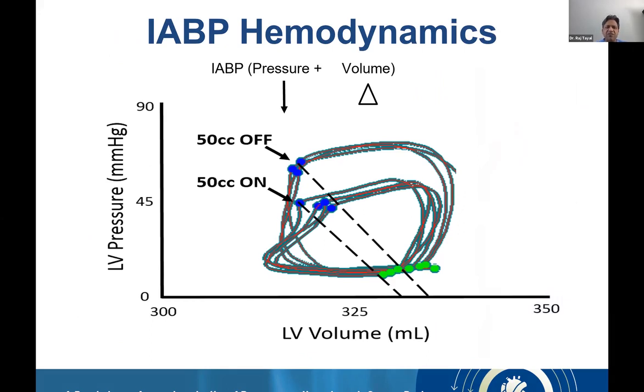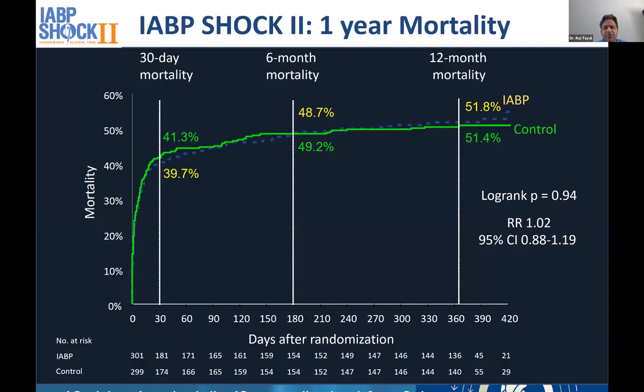As you can see from a hemodynamic perspective, its effect on the heart results in a mild decrease in LV pressure and a small increase in LV volume, resulting in an increase in cardiac output. However, when you put this in context, what's been well defined in the IABP-SHOCK trials is that if you look at the outcomes of patients presenting with shock in terms of mortality, we had talked about this being stable at around 50%.